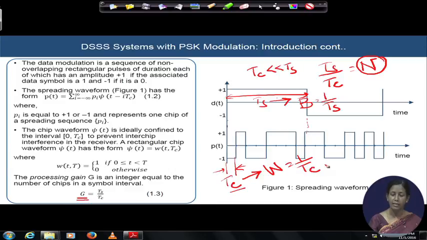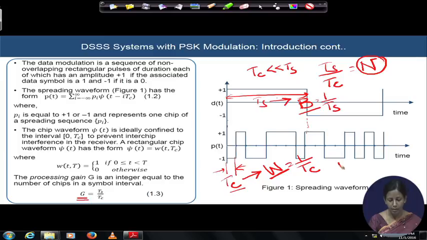Then easily I can see that after multiplication, when I end up with Tc, I will be governed by the bandwidth W. Hence, the spread spectrum signal bandwidth becomes W, whereas earlier the signal bandwidth was B, as Tc is much less than Ts.